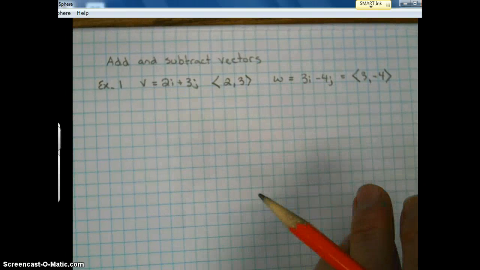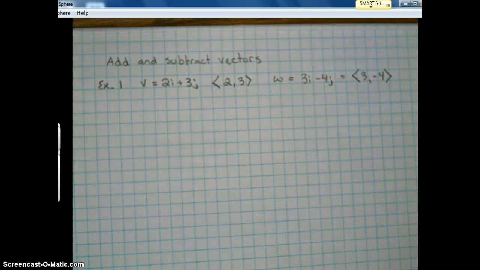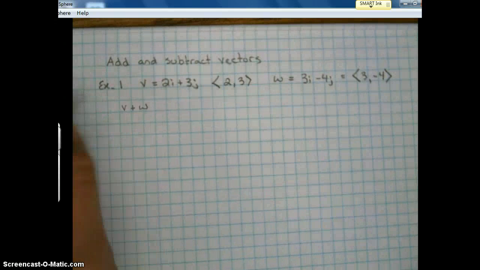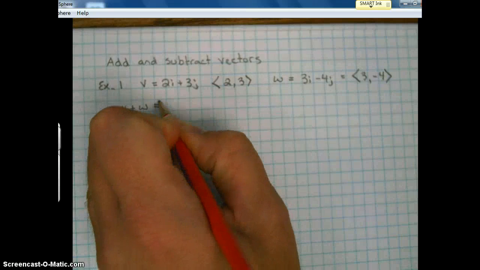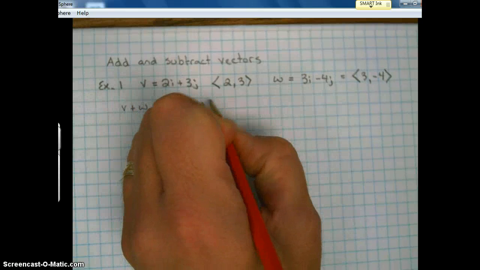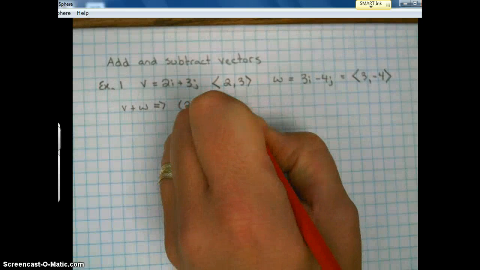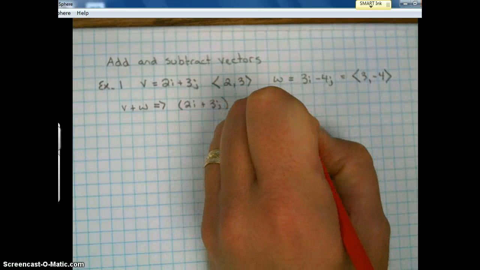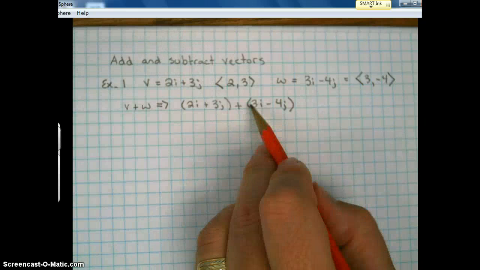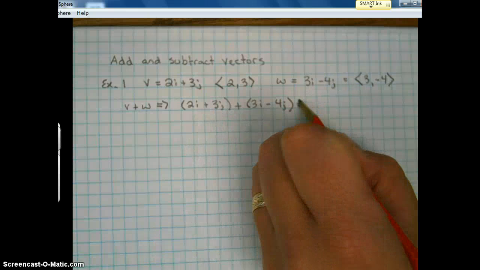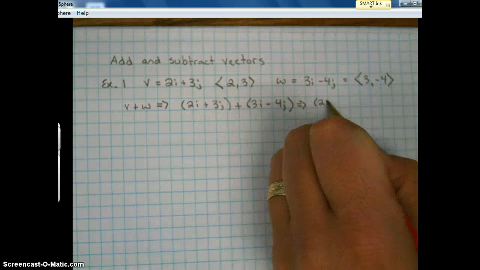Okay, let's take a look at adding and subtracting. So first, if we want to take vector v and add vector w, we can take 2i plus 3j plus 3i minus 4j, and we're going to go ahead and add the 2 and the 3. So we'll have 2 plus 3.